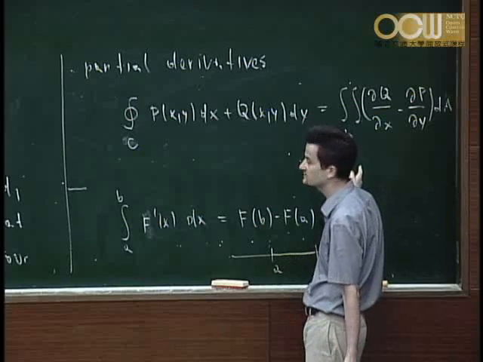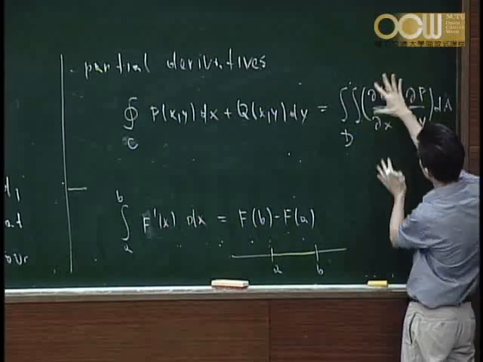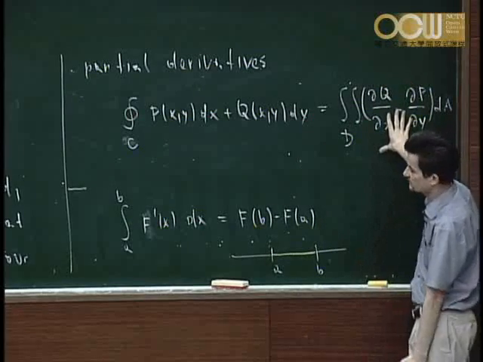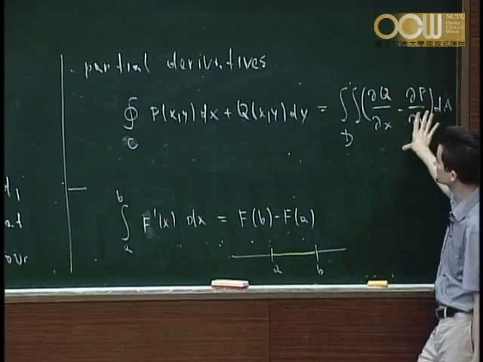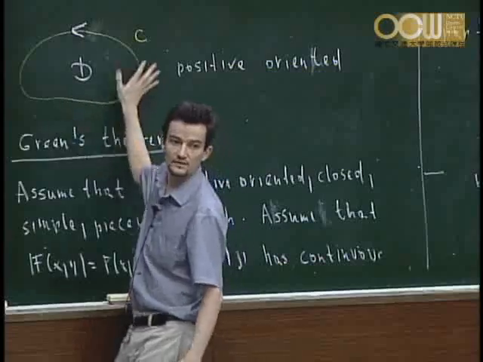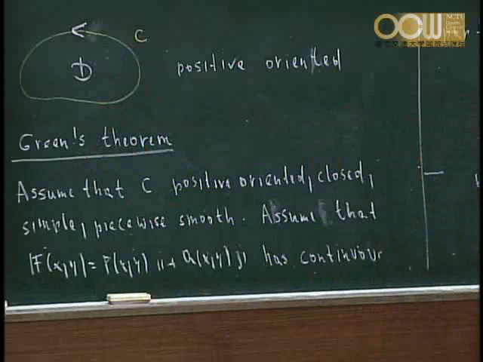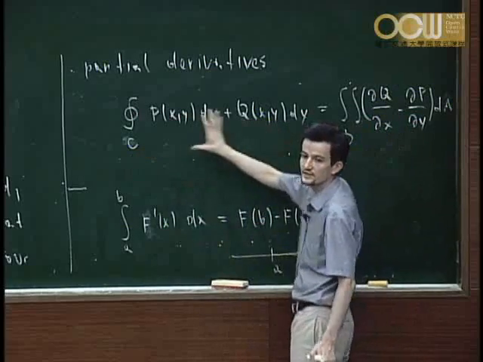Now this is the same for double integrals. Here you have a double integral, which you can look at as a derivative of some function. This d here involves the whole domain, and this tells you that you can compute the double integral just by looking at the boundary. So you can evaluate the double integral by looking at the boundary.